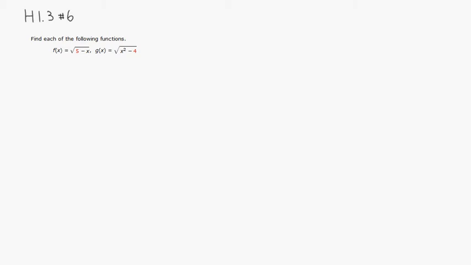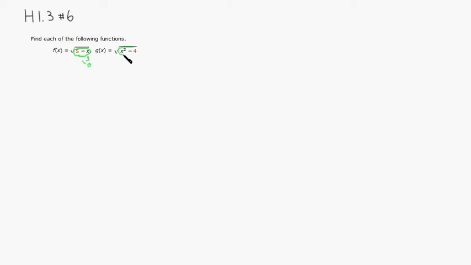So if you want to find the domain of each one, we know that f has a square root, so we have to make sure that the expression inside the square root must be greater than or equal to 0, non-negative.